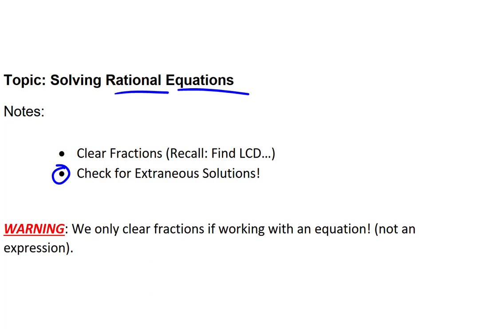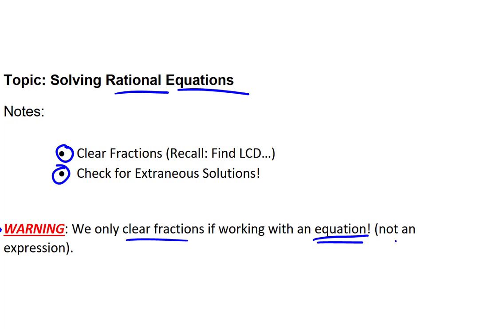Now there's one key warning that we also want to observe with rational expressions, and that is we only clear fractions, which was, remember, our first main goal in this process. We only clear fractions if working with an equation.